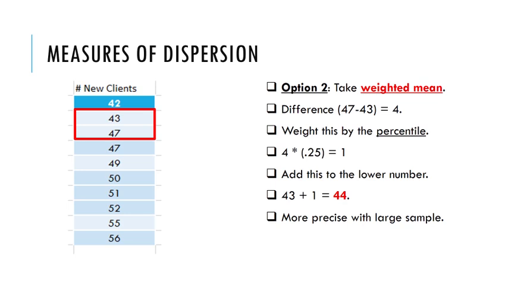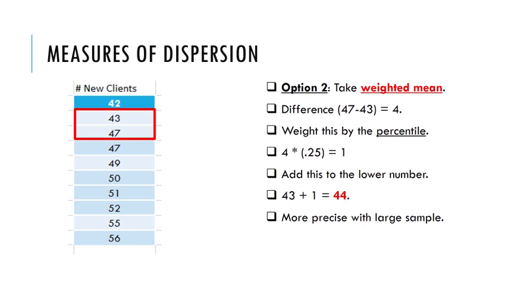Now keep in mind, as I've said, this is more precise with a large sample. But we just did 2 different options for figuring out the 25th percentile. Remember, in both, we have to start by ranking our data, low to high, right? 42, 43, 47, 47. Then I use the equation that I had in yellow, right?